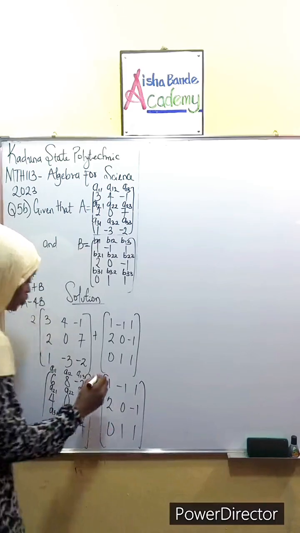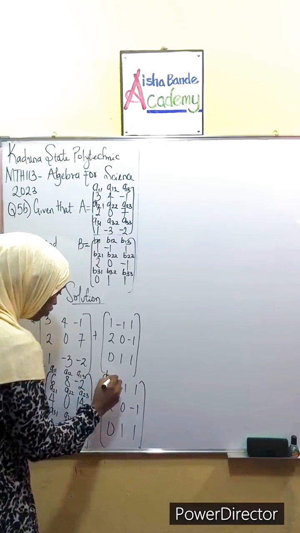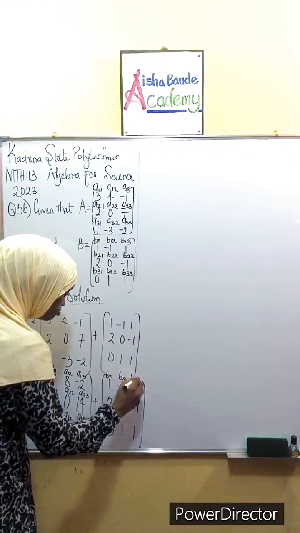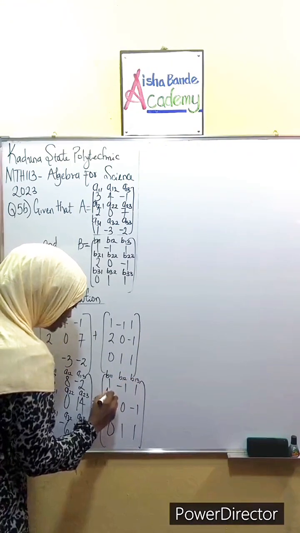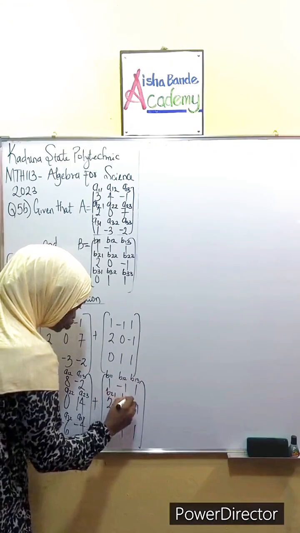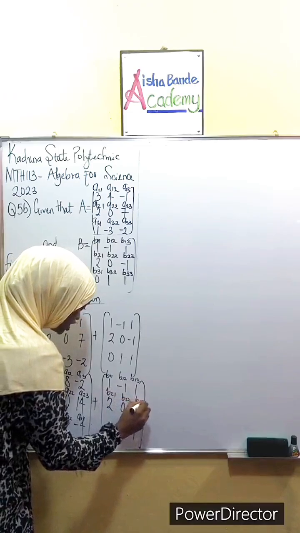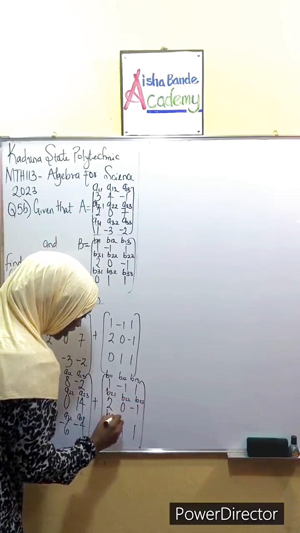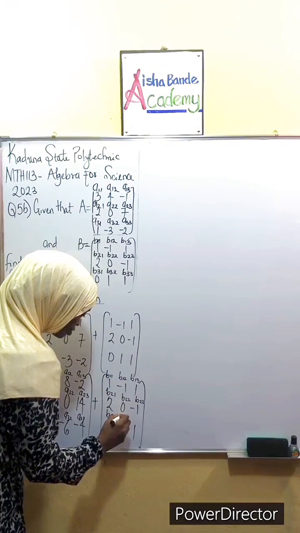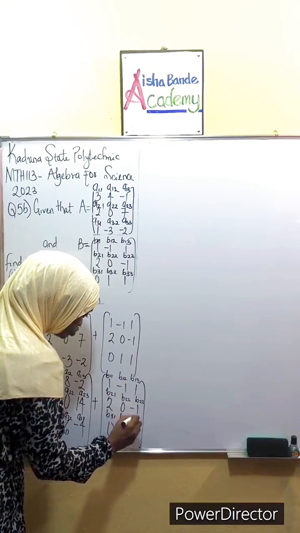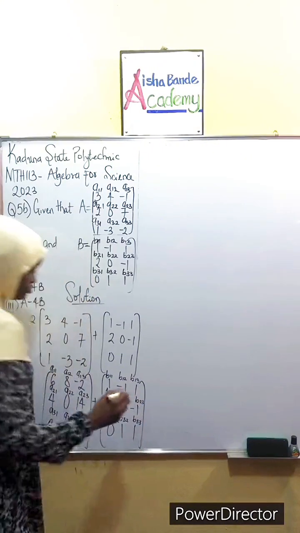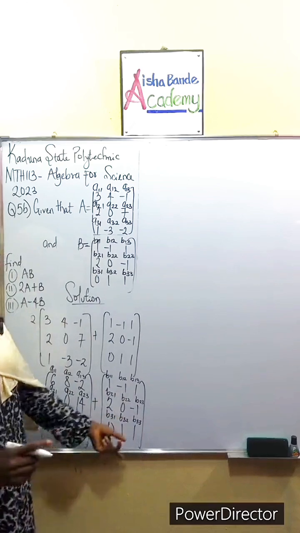Now moving on to the next one, which is for B. This is going to be B11, B12, B13. So here is B21, B22, B23. Then here is B31, B32, then B33. Okay, so from here now we can easily solve this.